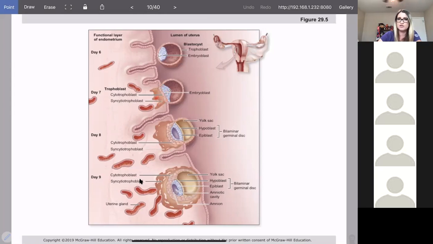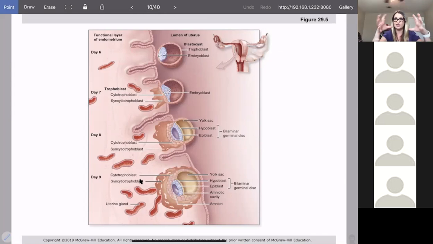Okay, so it's between the syncytial trophoblast and the embryoblast here. It's a lot of blasts, okay? So make sure that you're keeping them pretty straight, okay? The syncytial trophoblast is going to start, like those cells of this layer start multiplying, and they're basically growing into the uterus.